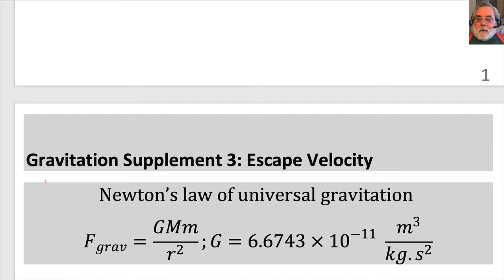Gravitational attraction is a conservative force, meaning that we can find an expression for the energy of the system that depends only on the positions of the bodies, or in this case, the separation between their centers, lowercase r.